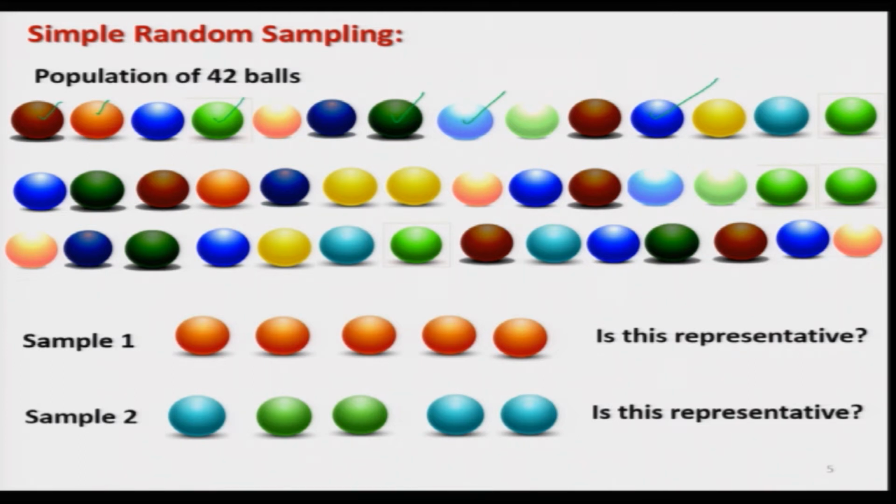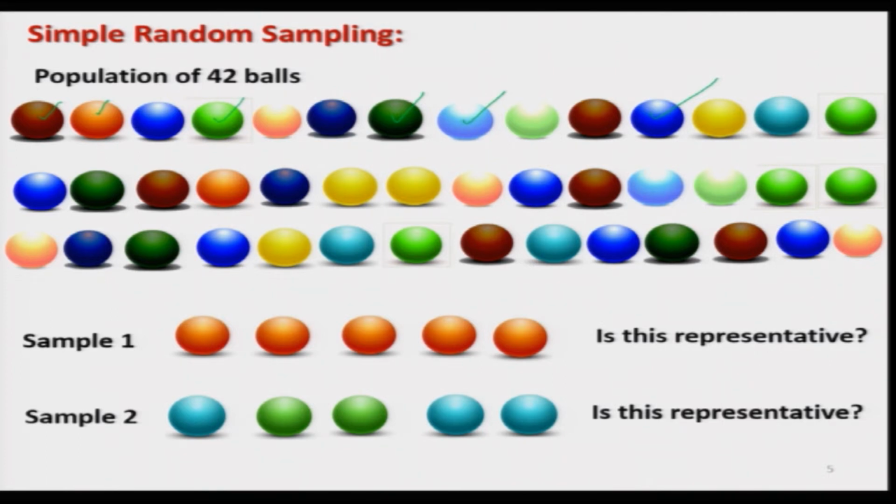Now, if you consider your variable as the color of the ball, then compared to the earlier case, there is some variability. Colors are not the same, but some colors are close to some colors, whereas some colors are entirely different from the other colors.